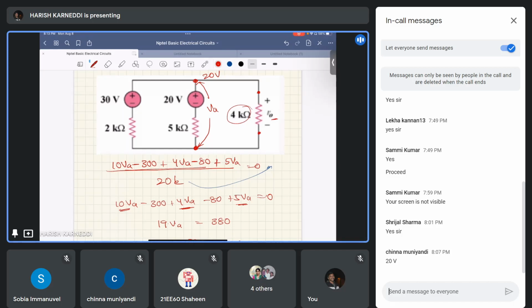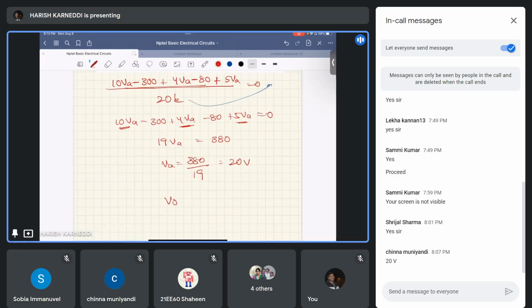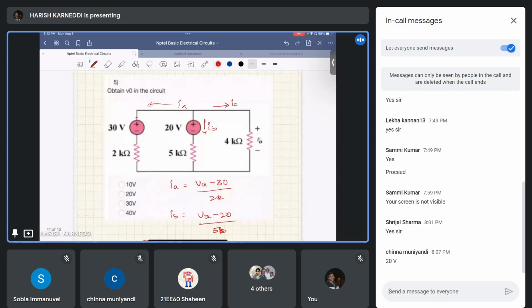This voltage is the same as this VA, because this point is connected to here, and this reference point is connected to here. So V naught equal to 20 volts, right? So the option is B.